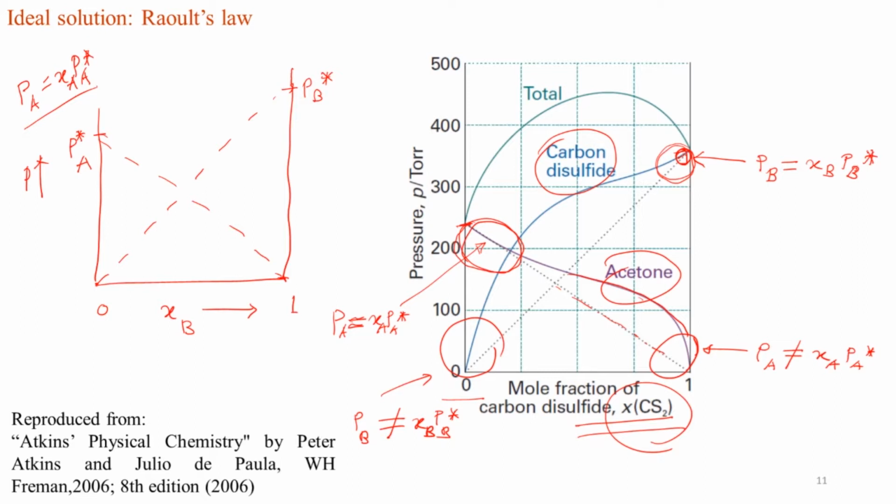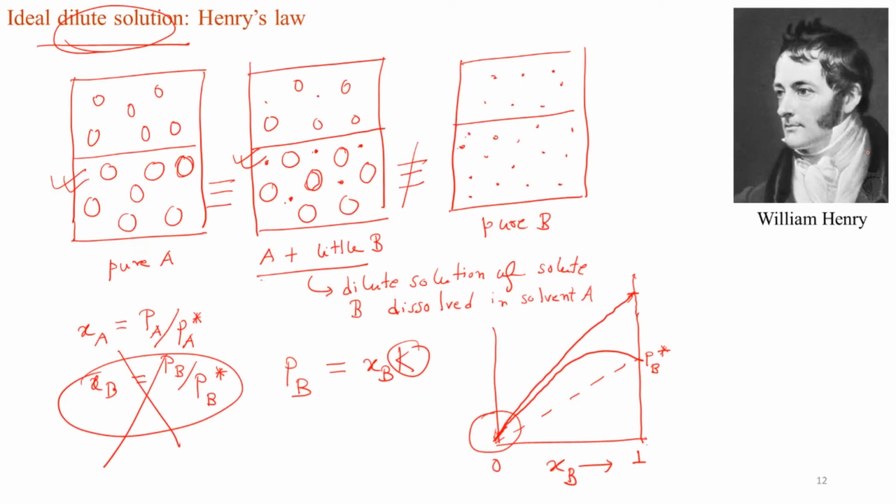Dilute means one component is much less, and then Raoult's law fails for that component. For the other component, of course, there will be very good agreement because it acts as a solvent in large excess, which is equivalent to saying that its properties will be equivalent to the properties of the pure solvent itself. So Henry's law is just trying to reformulate Raoult's law in a newer way, in some sense.